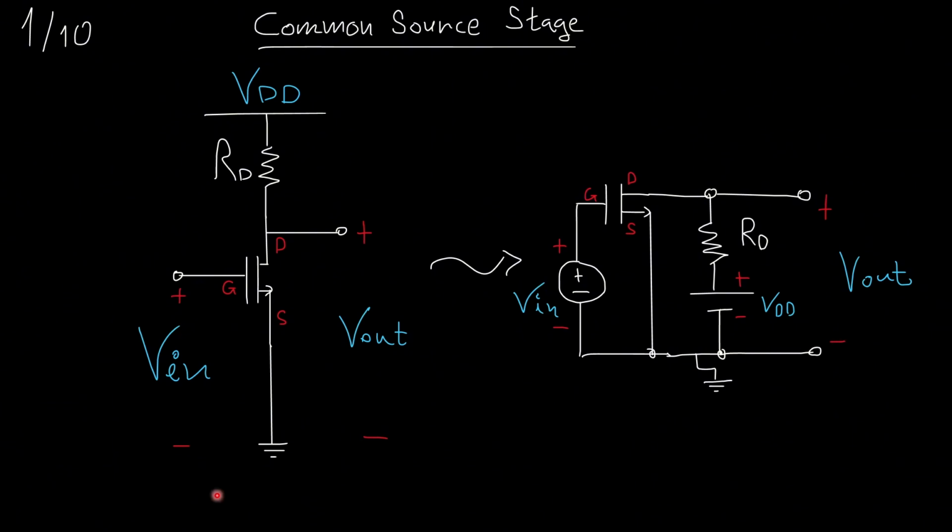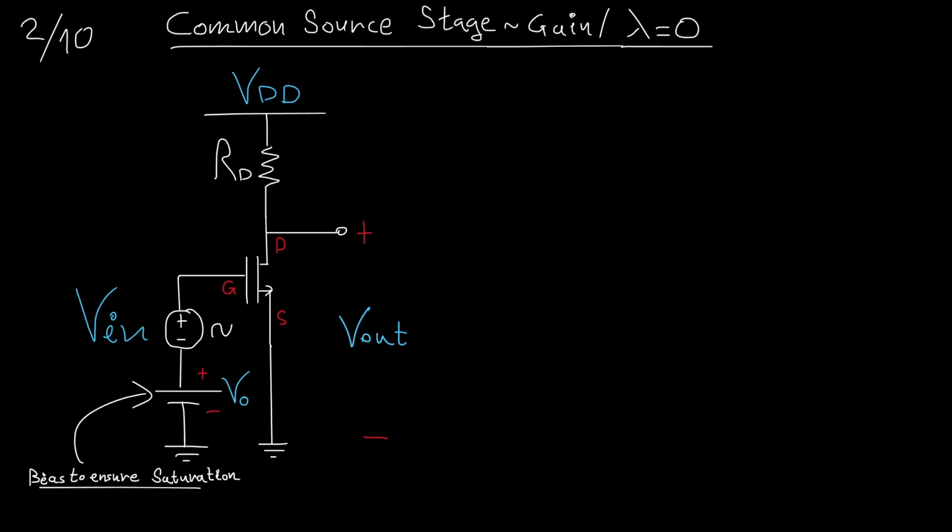This is grounded, this is grounded, it just means that the voltage here is 0. We also add a voltage here, a battery here. Why? Because in reality, the signal we have here is small, all right?